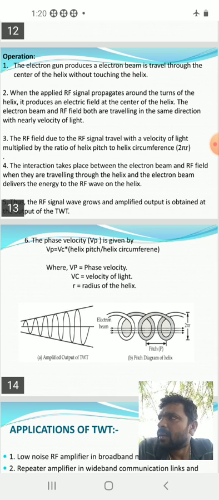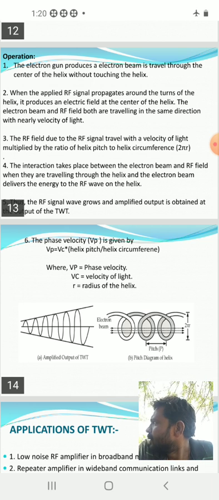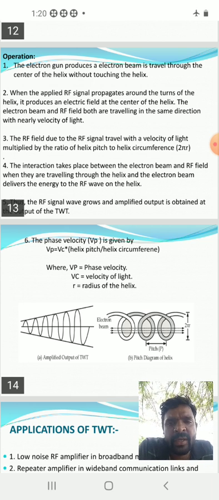In the center portion, the electron beam and RF field are both traveling in the same way along the helix. So there is an interaction between the RF field and the electrons.